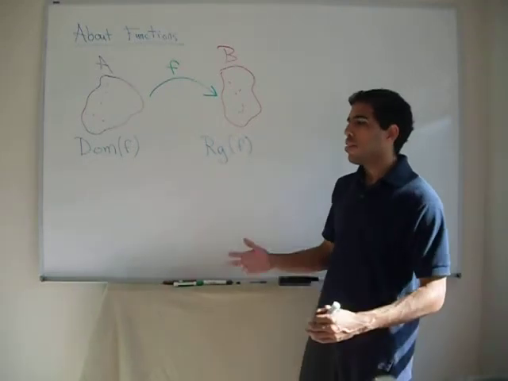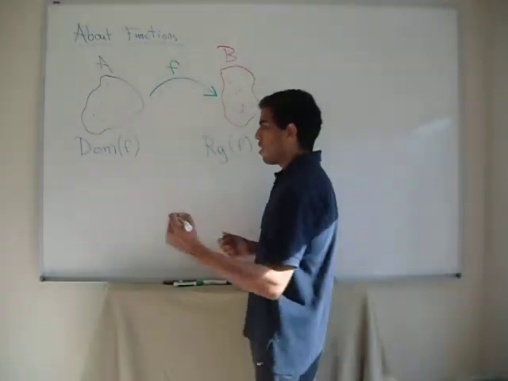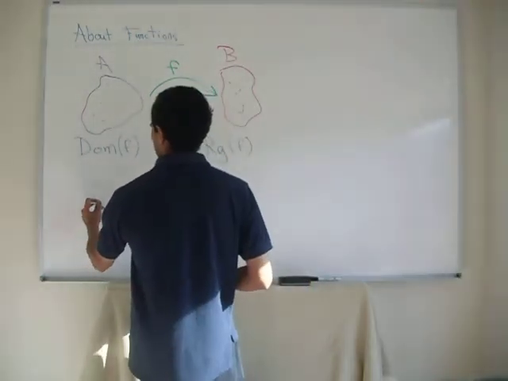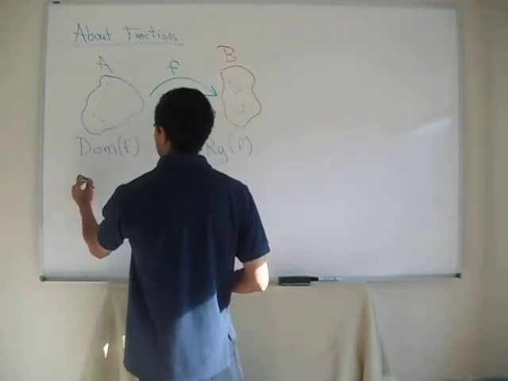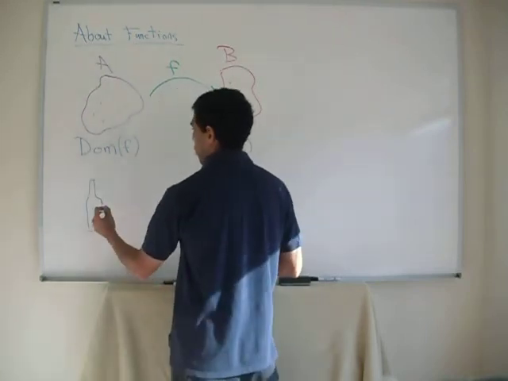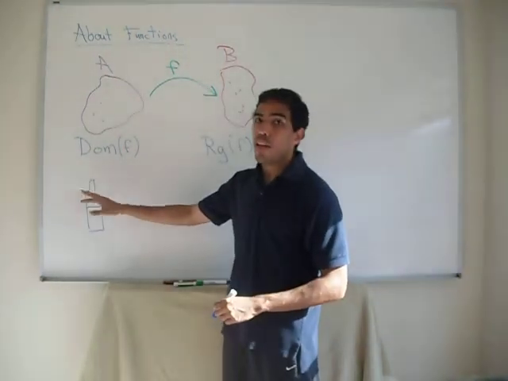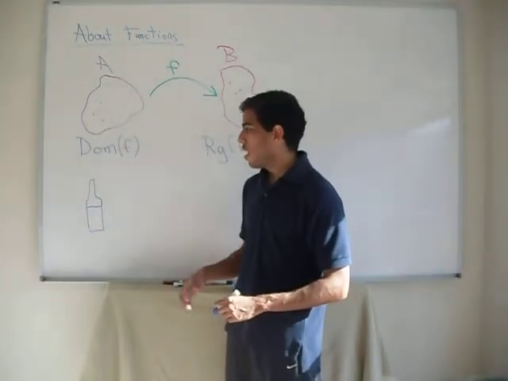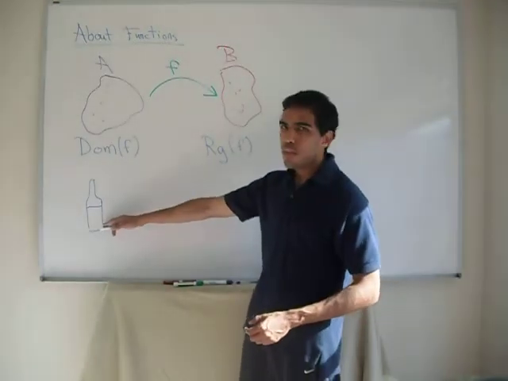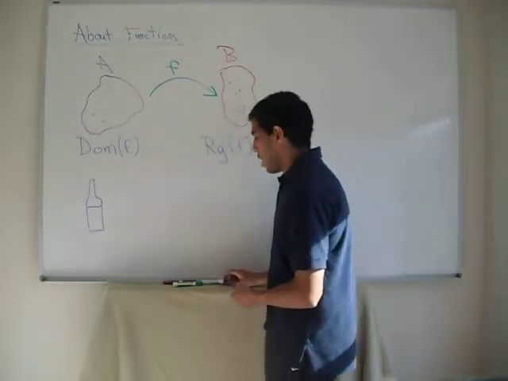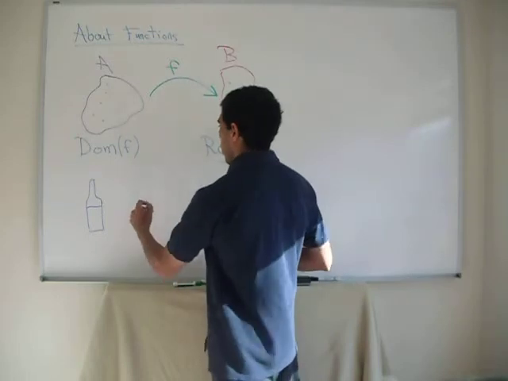So imagine for a second that I have, for instance, a bottle, and this bottle has water. Let's say a bottle of water, okay? And it's just an empty, unlabeled bottle of water, okay? So if I put this bottle in an assembly line or whatever, I'm gonna need a label, okay?